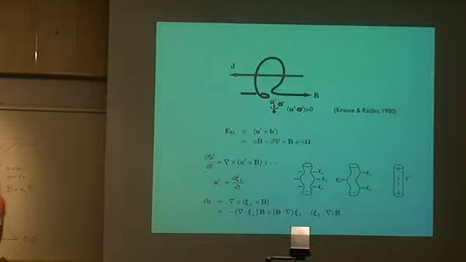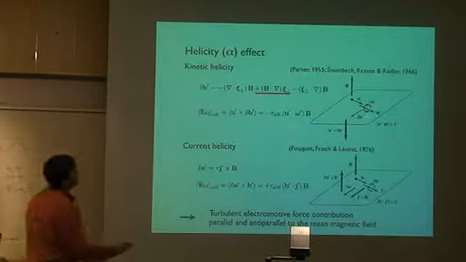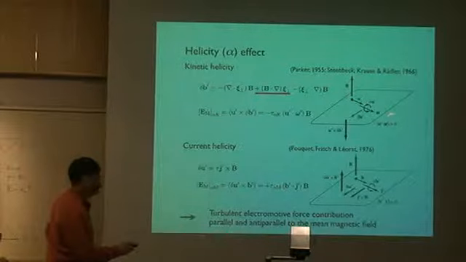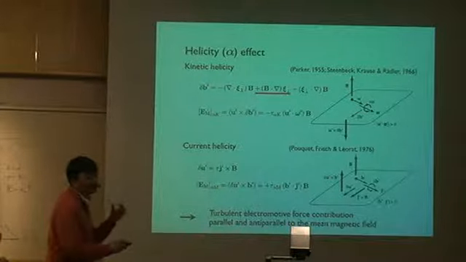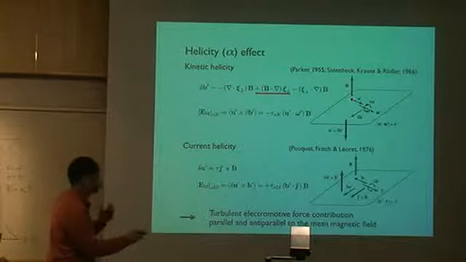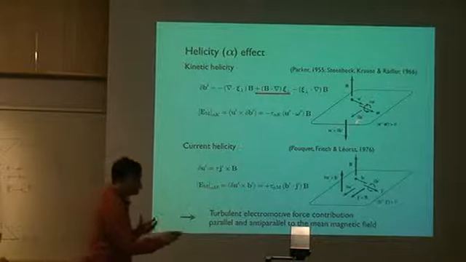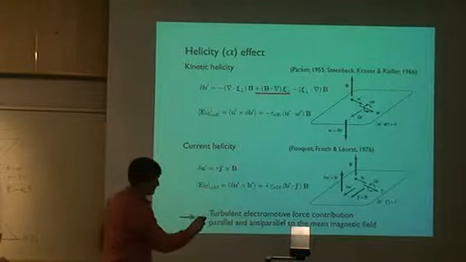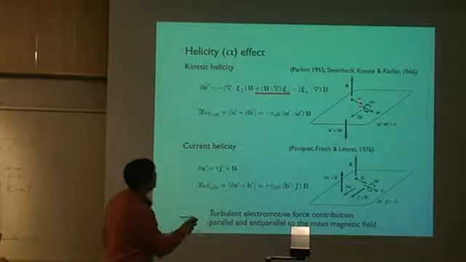Anyway, in the presence of a large-scale magnetic field, if we assume a positive kinetic helicity in the turbulence field, then by assumption we have this type of alignment in the statistical mean, only the statistical mean. Each realization is random, but statistically we have this. Then we have this type of contribution.